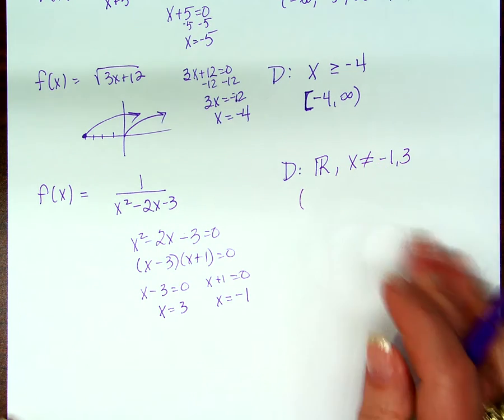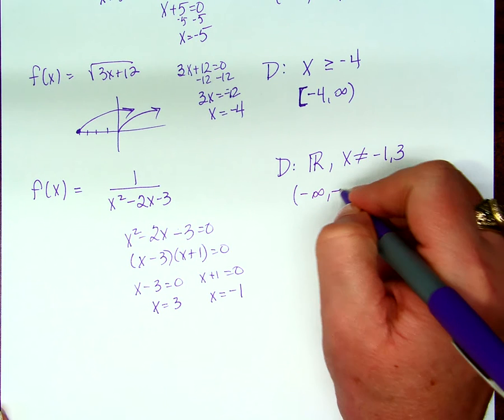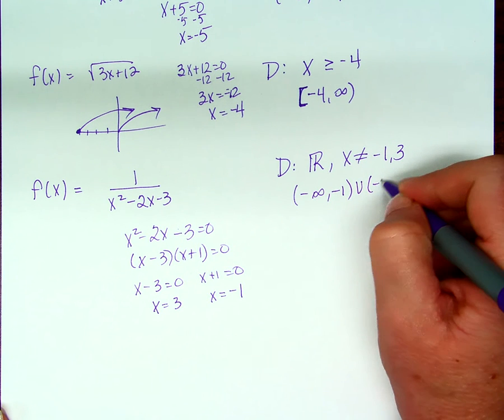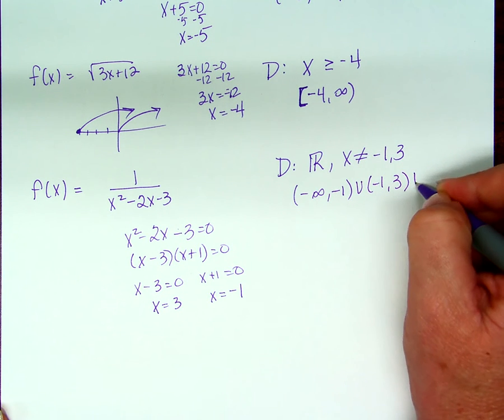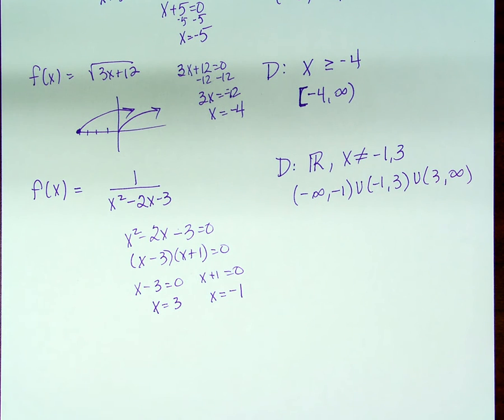But if I'm writing in interval notation, I want to say from negative infinity to negative 1, and then again from negative 1 to 3, and then again from 3 to infinity. Okay?